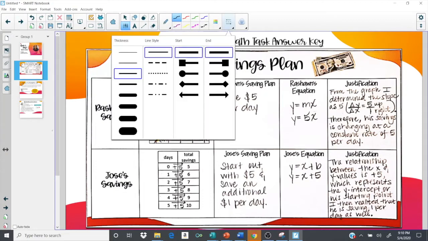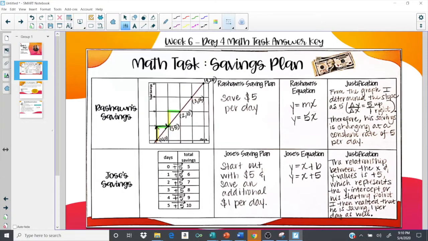So again, the change in y is equal to 5, and your change in x is equal to 1, because we went 1 to the right.